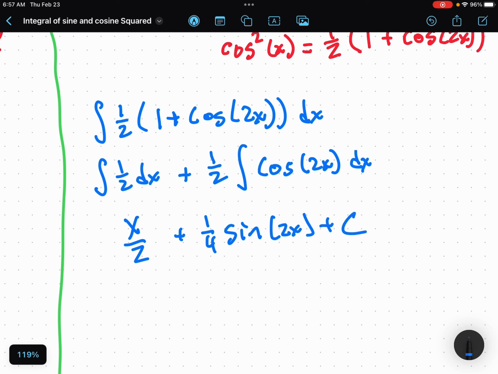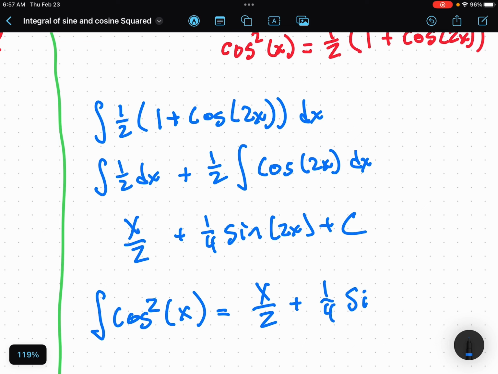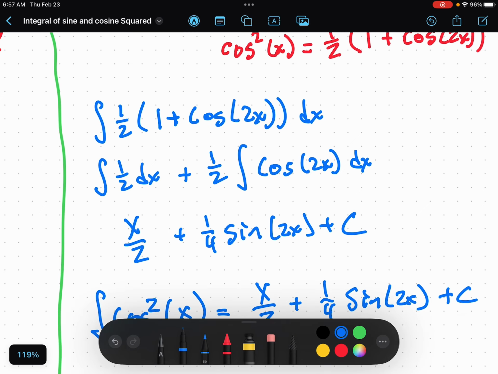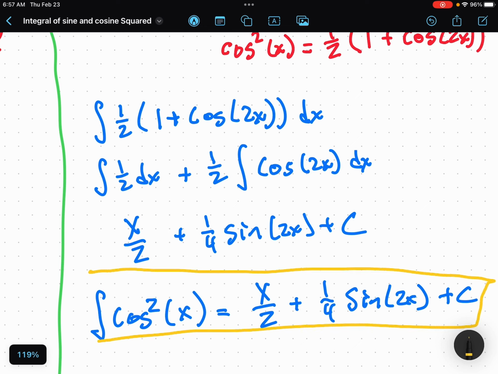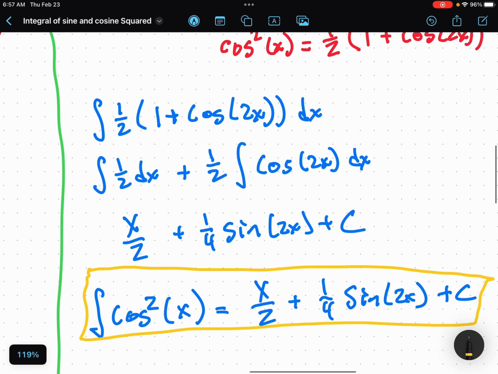And so now we can say with some confidence that the integral of cosine squared of x is going to equal x over 2 plus 1/4 sine 2x plus c. And we'll put a yellow box around that one just to be a little different here.